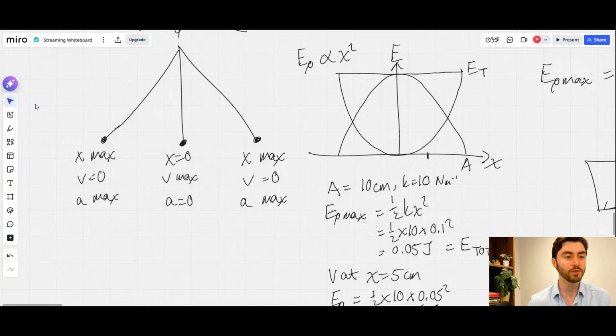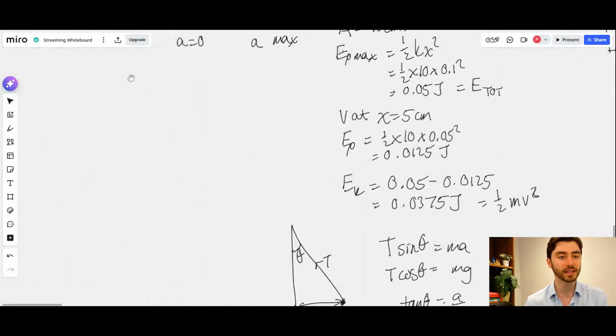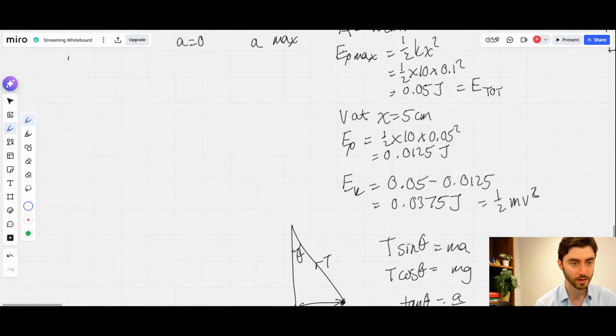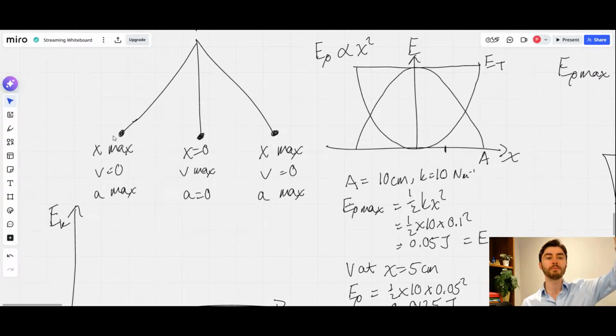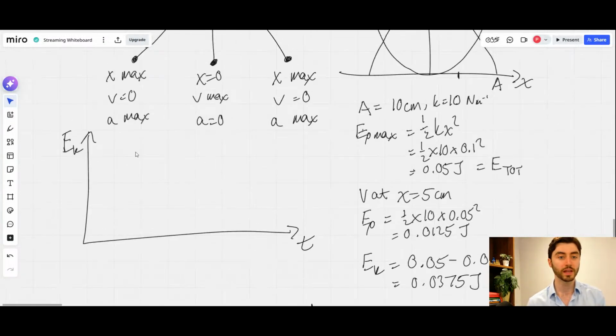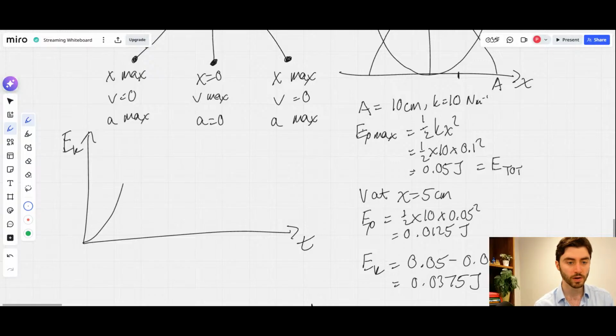Which means that if you were considering an energy against time graph, I'm going to draw it like this, and this is going to be kinetic energy, for instance. Let's say we start from maximum displacement. The kinetic energy would be 0. It would curve up, it would curve down, but you would get 2 of these, and that would be the full time period.